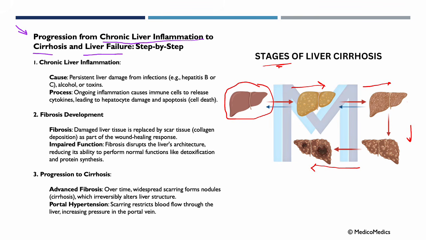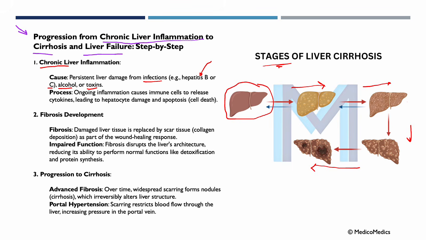So first, we have the chronic liver inflammation, right? It's not acute, it hasn't been cleared. It's now chronic. The cause of it could be persistent liver damage from infections, for example, from hepatitis B or C, from alcohol or other toxins.